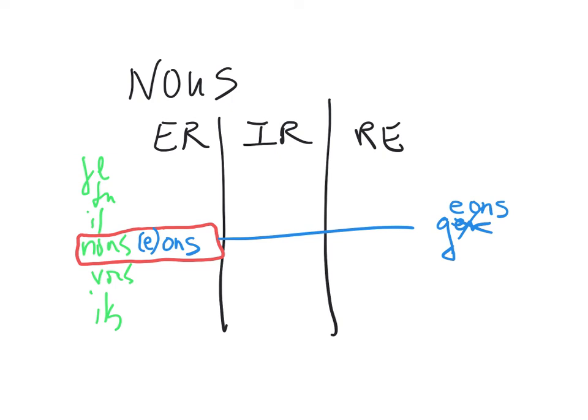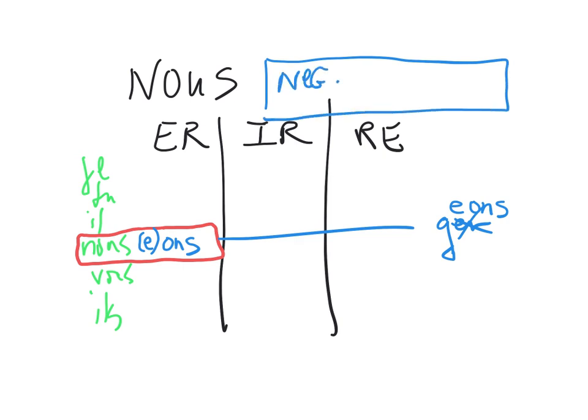And then if we do the negative, we put the ne pas around the verb. So put this down. I'll wait while you get your pen. Je ne vomis. Let's make that black. Let's make that blue. Vomis.